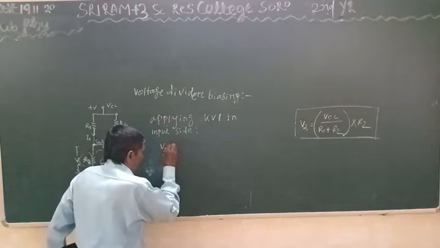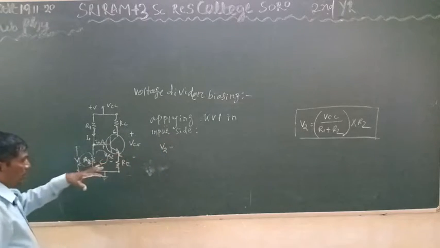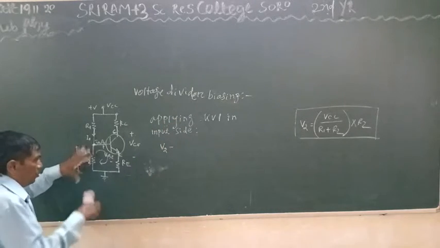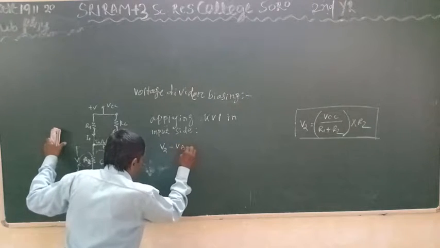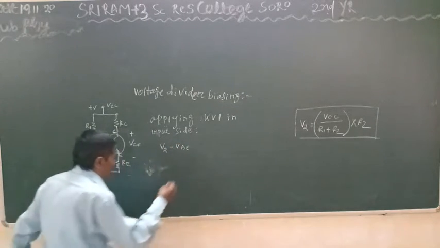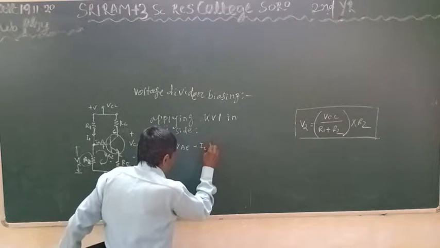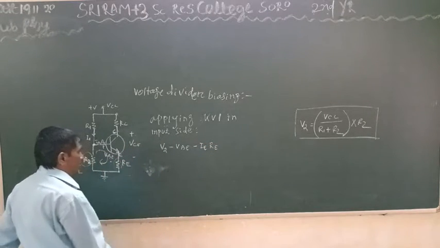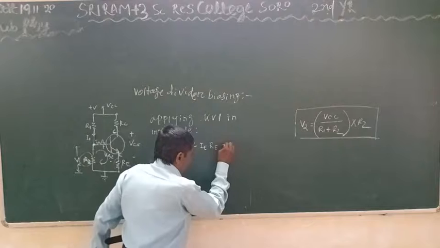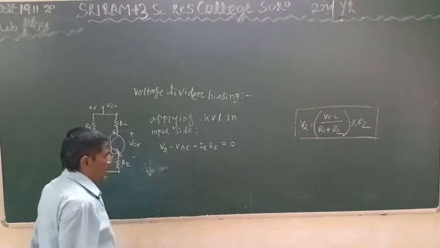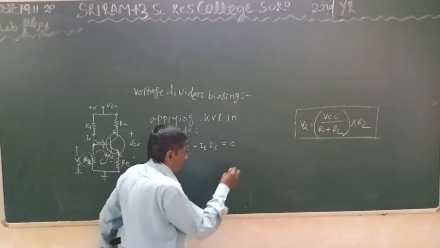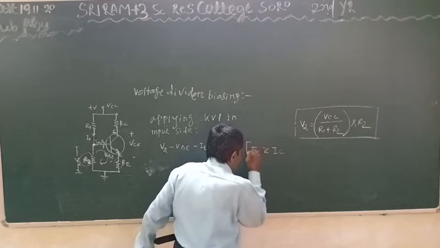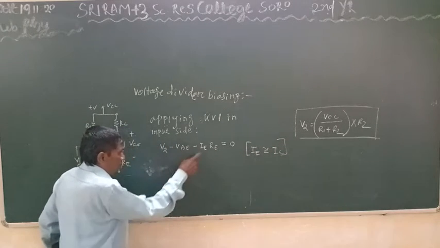Now V2 minus, according to Kirchhoff's voltage law, V2 minus VBE, the base-emitter junction, minus IERE, the voltage drop across RE or emitter resistor, is equal to 0. Now we know IE is nearly equal to IC. So put this value in IE.